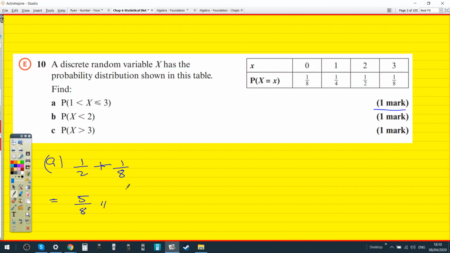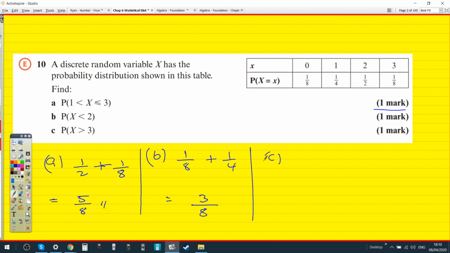Either or, add. Both and, multiply. So either 2 or 3, your odds are increasing, and so you're adding them. B. So the probability of 0 and 1, so 1/8 plus 1/4, which gives us 3/8.